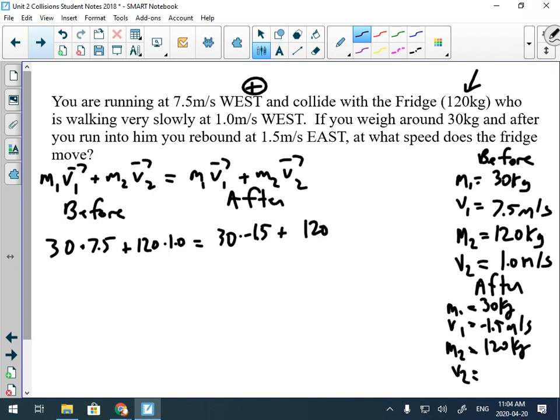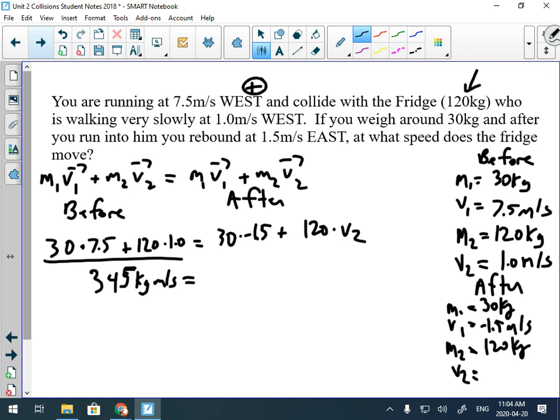Mass of the fridge is 120 V2. So we're going to do the same kind of thing. So we can solve everything on this side. 30 times 7.5 plus 120 times 1. We get 345. Okay. So the total momentum of the system before is 345, which means everything on the other side has to be 345. That's why we can make these systems equal to each other.